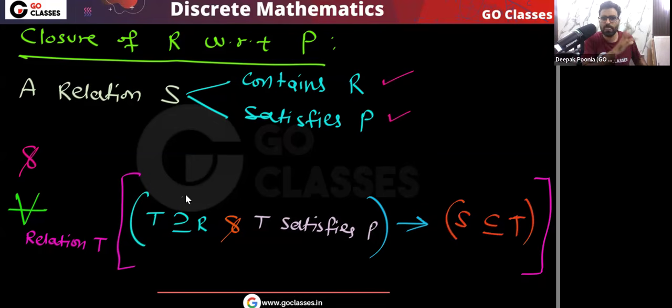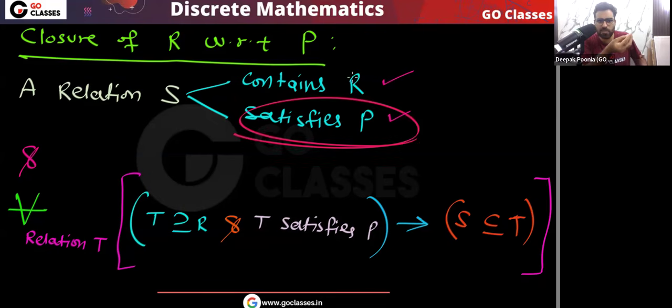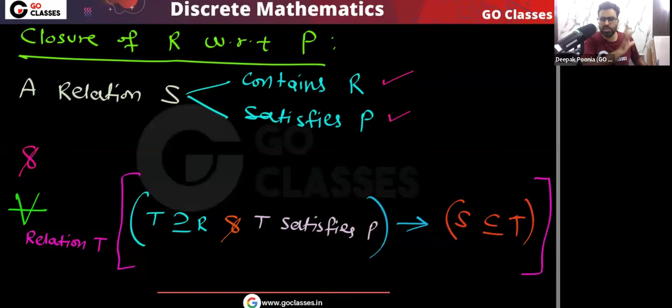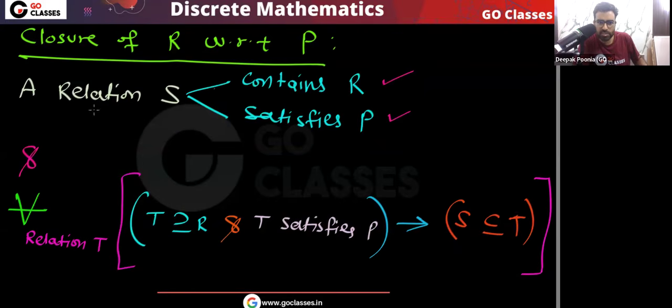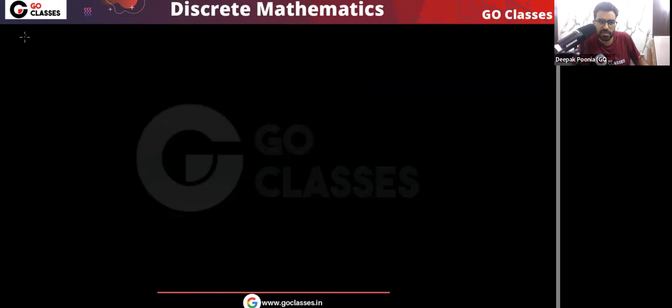I hope you understood. In simple words, this S is the smallest relation which satisfies property P and contains R. Let me write it one more time.